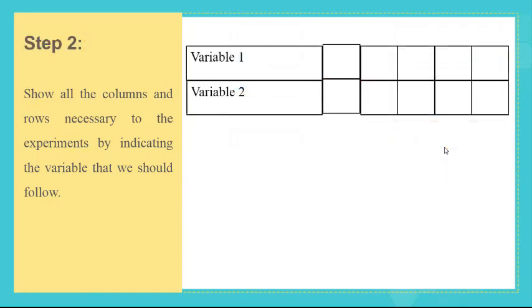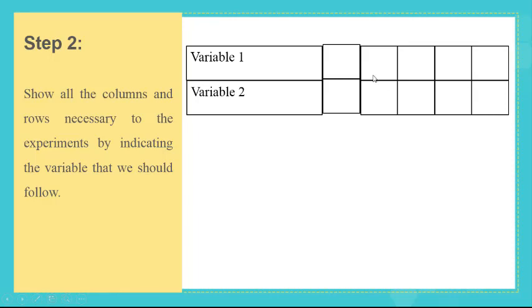The table is ready now. It includes 2 rows, row 1 for variable 1, row 2 for variable 2, and it includes 5 columns, 1, 2, 3, 4, and 5.